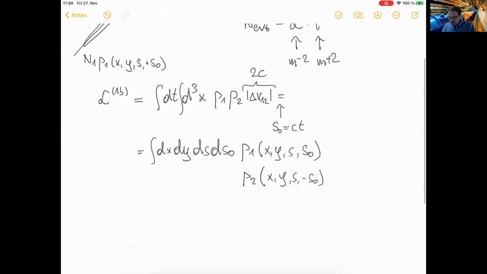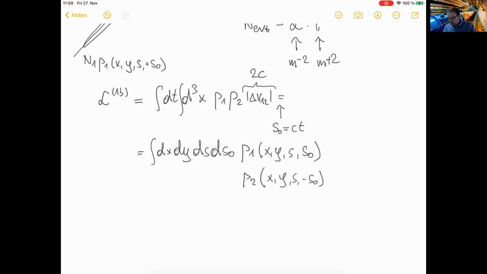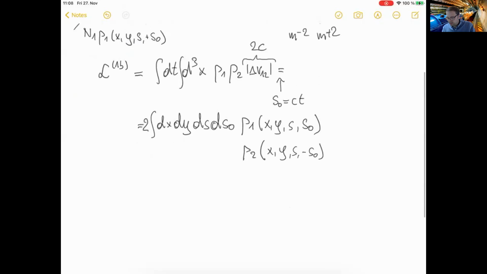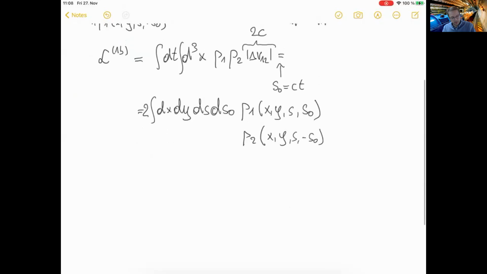Now, that's in principle everything. There's a factor 2 here. The factor c, the speed of light, got absorbed in the redefinition of the variable we integrate over, and that's it. Now we make simplifying assumptions so that we can perform these integrals.